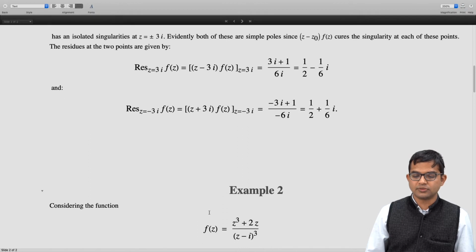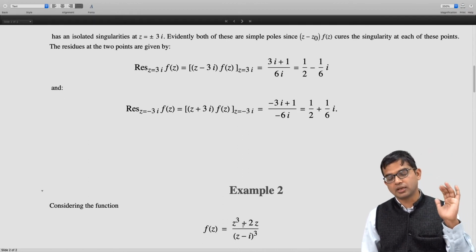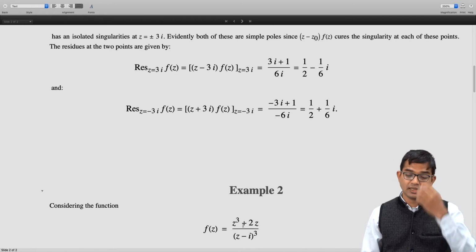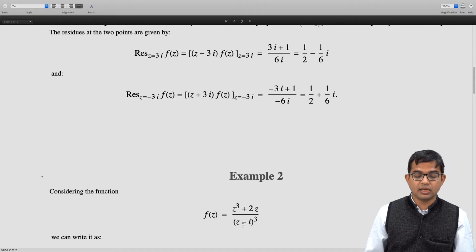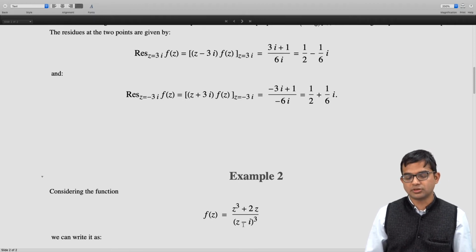So look at another example. If you consider a function like this, z cubed plus 2z, so you have some polynomial in the numerator and z minus i the whole cubed in the denominator. It's certainly a pole, because if you put z equal to i, you immediately see that there is a singularity there, and it's of course isolated.